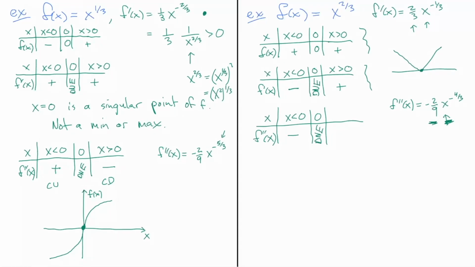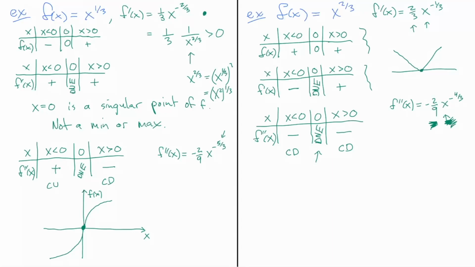And then on the other side, when x is positive, we have a negative value, and here we have a positive value, because x is positive, and so we still have negative. And so what that says is that we have a function that's concave down on one side of the origin, concave down on the other, and the slope, even though the value of the function doesn't blow up, the slope does blow up.